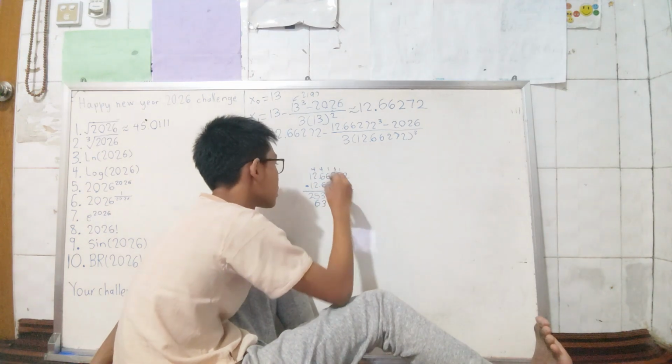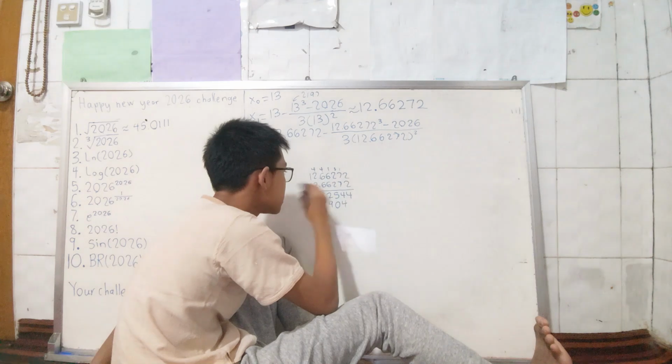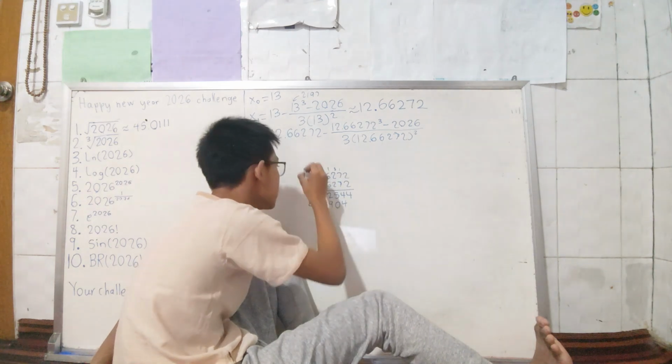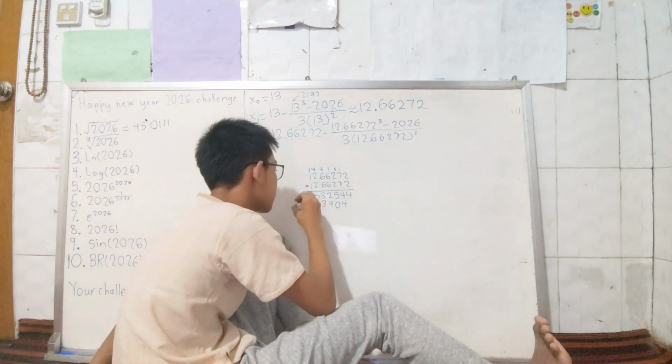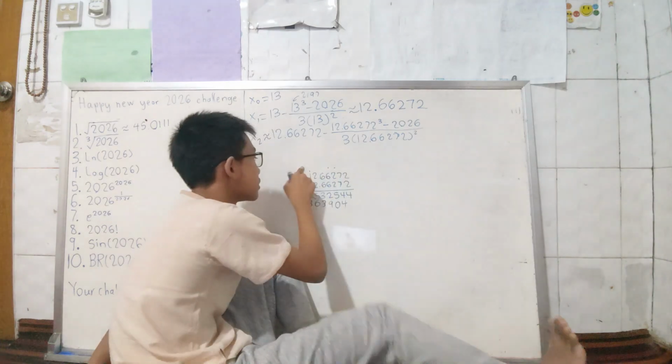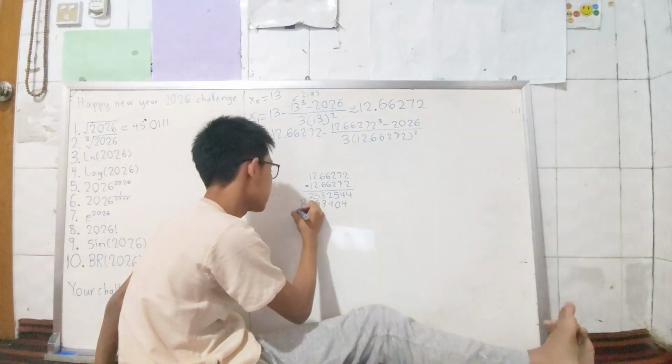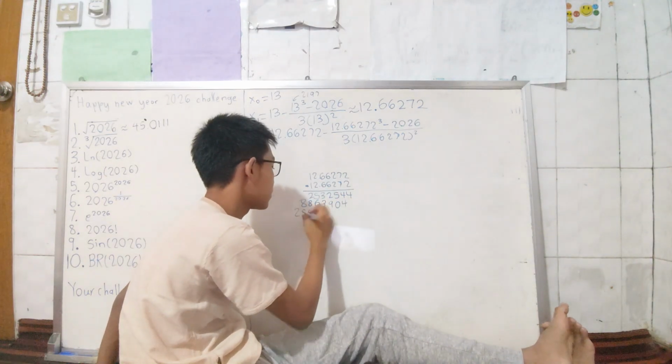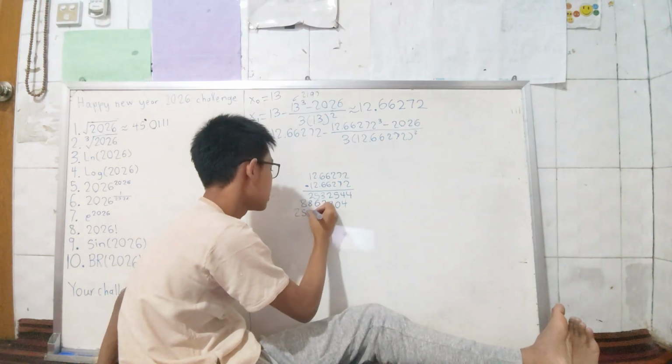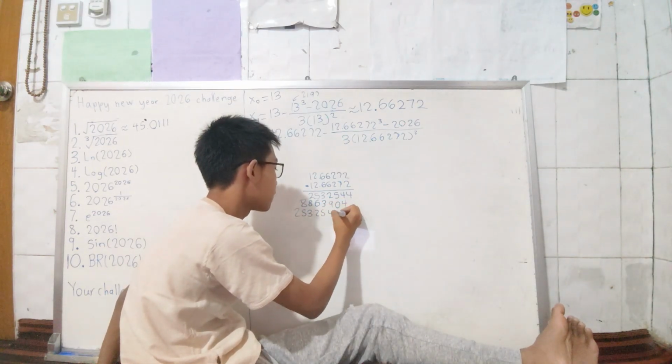And then 2 times 7 is 14, so it's gonna be 18, that's gonna be 8 right there, 2, 5, 3, 2, 5, 4, 4.